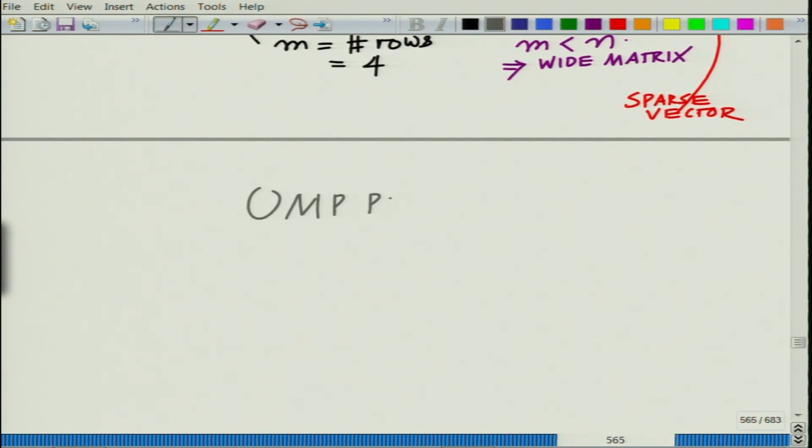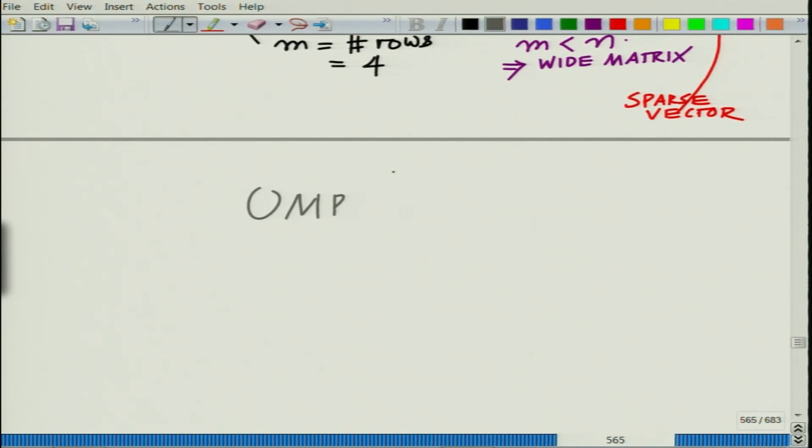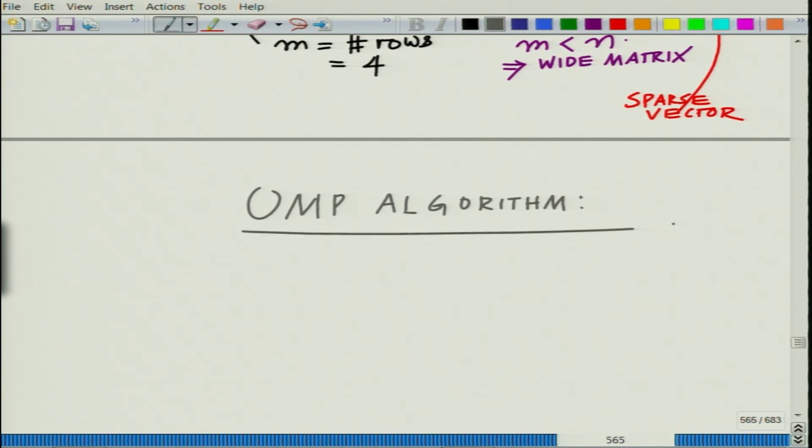So, we want to start the OMP algorithm, or let us call it the OMP algorithm, right. So, you have the OMP algorithm, and what happens in the OMP algorithm?